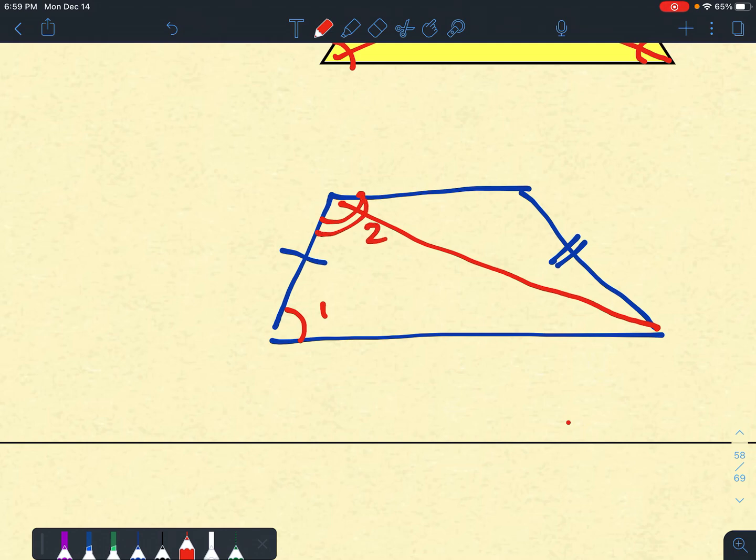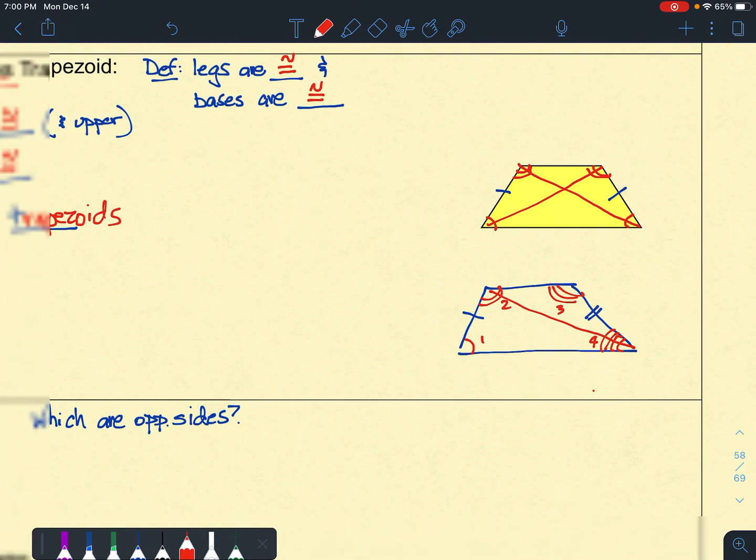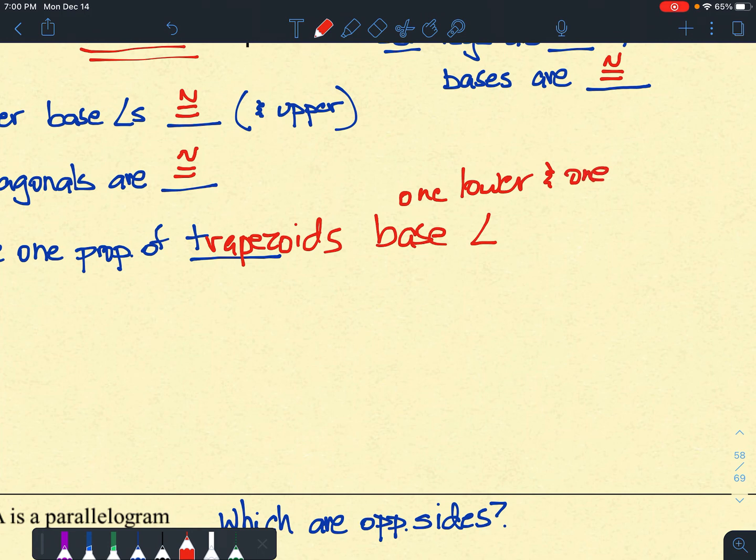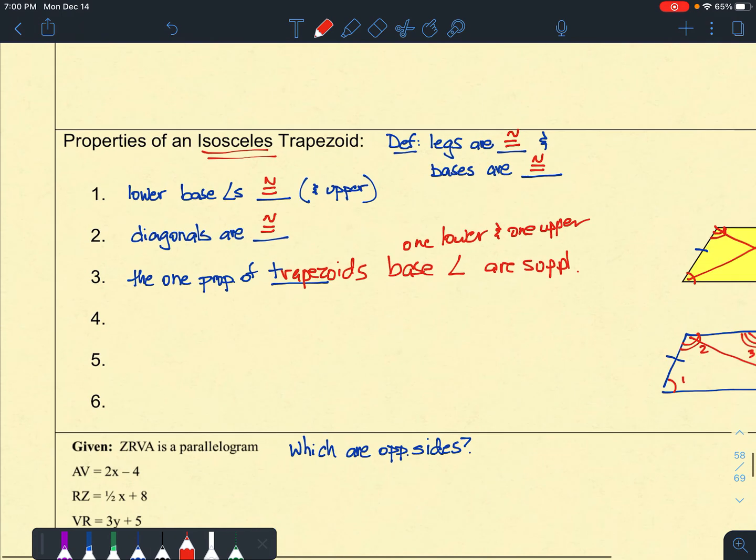All right, so we have consecutive angles with the bases and the legs as being supplementary. So this is 3 and this is 4. Okay, so base angles, one lower and one upper, are supplementary. All right.